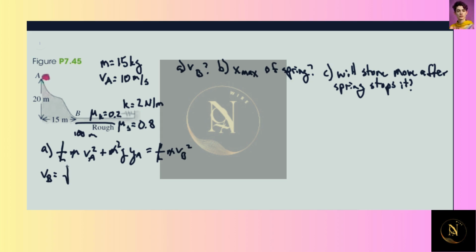So then v_b is equal to the square root of v_a squared plus 2 g y_a. This will be 22.22 meters per second.